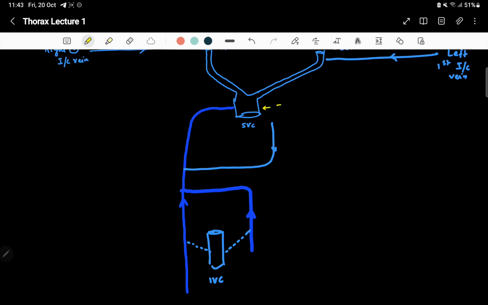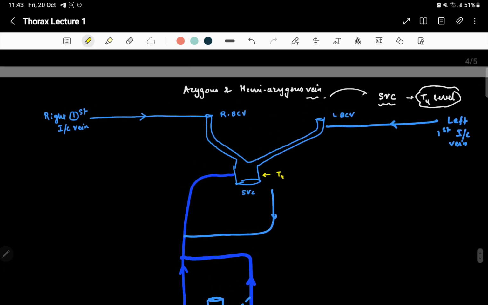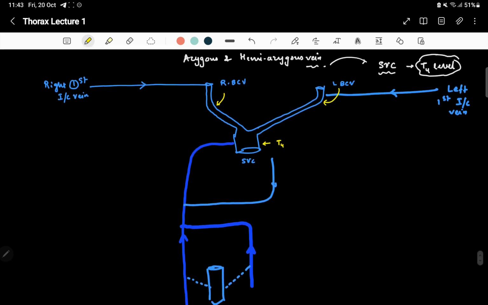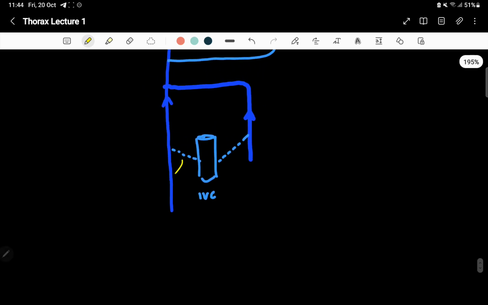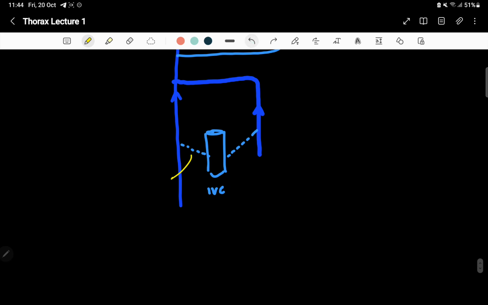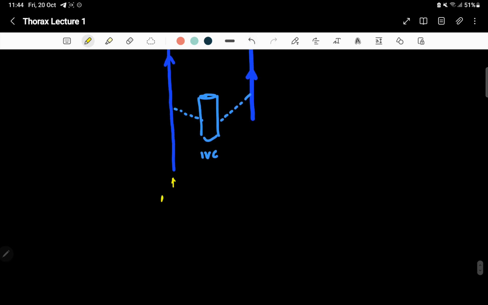This is your T4 level. This is your superior vena cava, your right brachiocephalic vein, the left brachiocephalic vein. Let me label this vein which is dotted, and the inferior vena cava. First let's label this vein. This is your azygous vein.